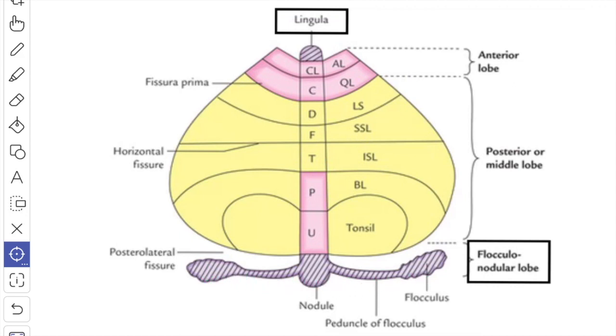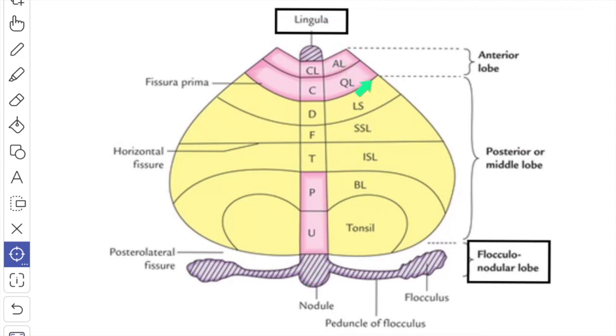Again I repeat, so the subdivisions in the superior vermis and the inferior vermis are the lingula, the central lobule, the culmen, the declive, the folium, the tuber, the pyramid, uvula and nodule.